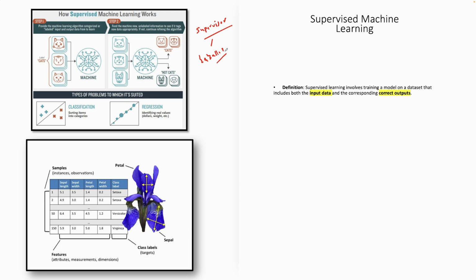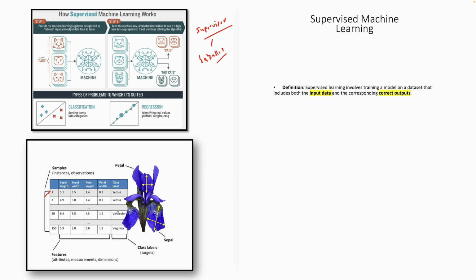So supervised learning involves training a model on a data set that includes both input data and corresponding correct output. Now here we'll take an example of the iris flower, right? There are different types, or various varieties, of iris.